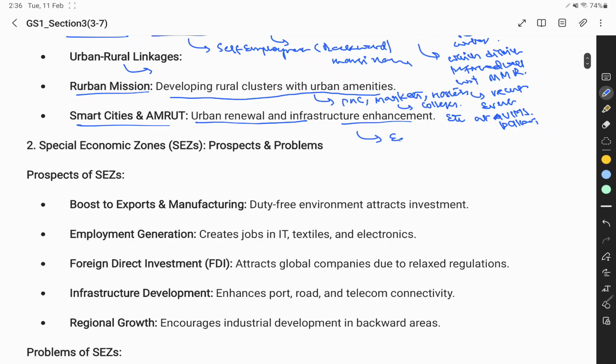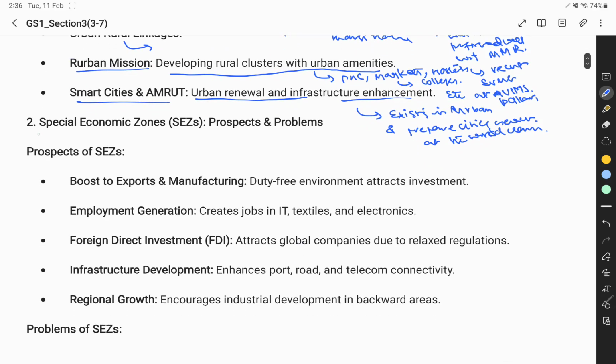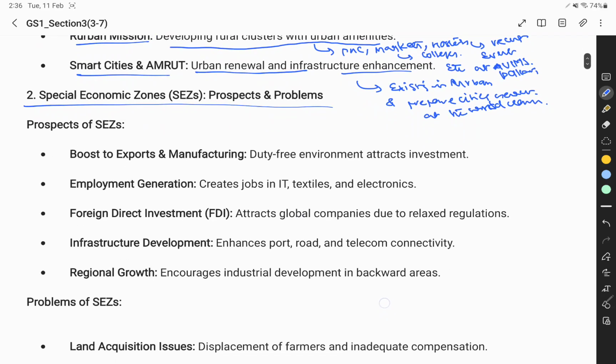This will solve the existing problems in urban areas and also prepare the cities for newer challenges at the level of world-class cities. Then we have special economic zones.